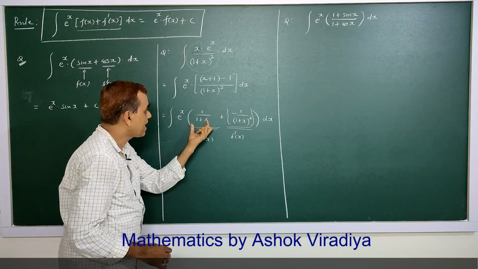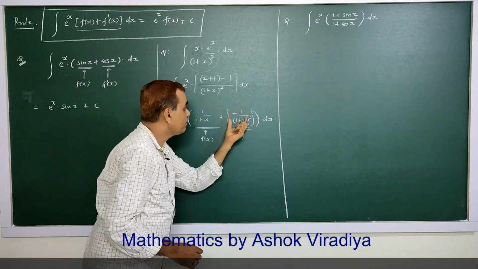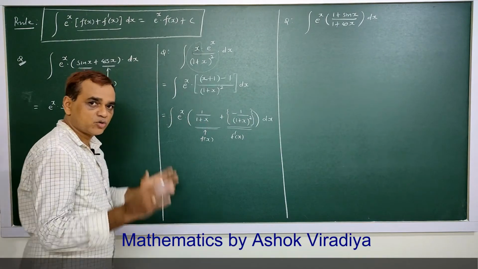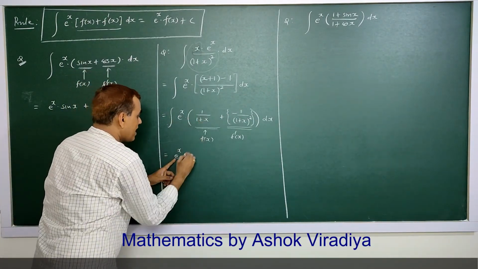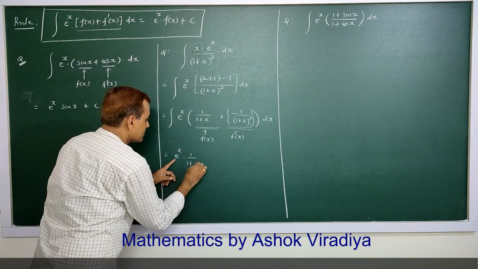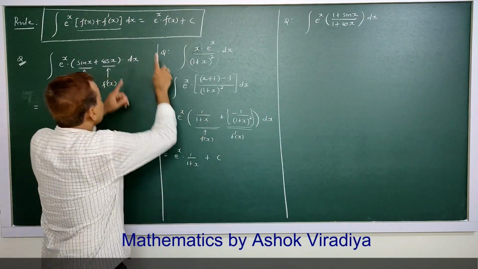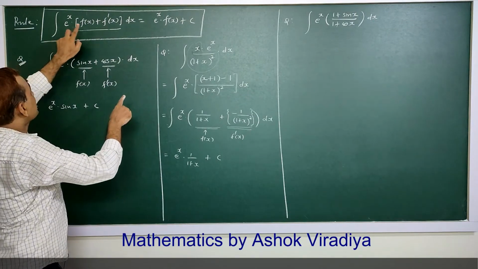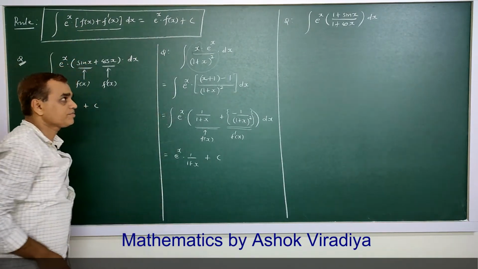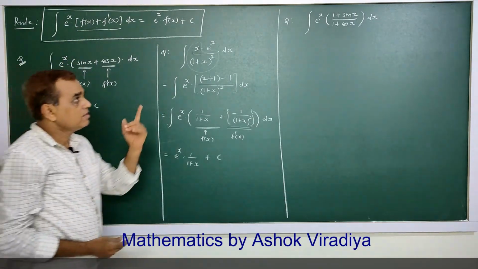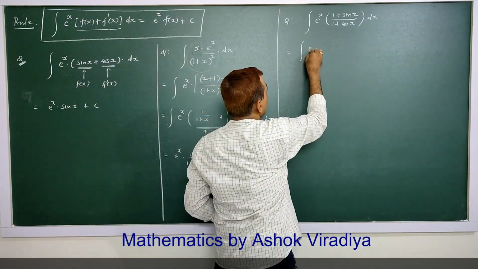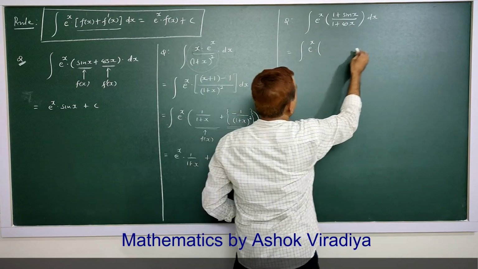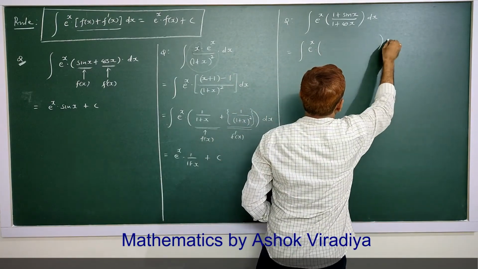Derivative of 1 upon x is minus 1 upon x square. So its integral is e raised to x into f(x) plus c by this rule. This side here, e raised to x into this is given.